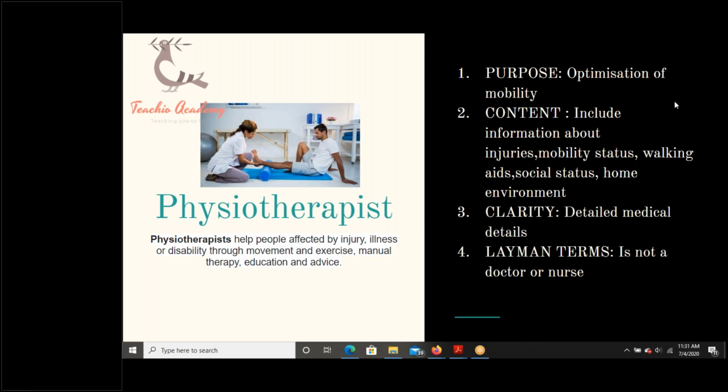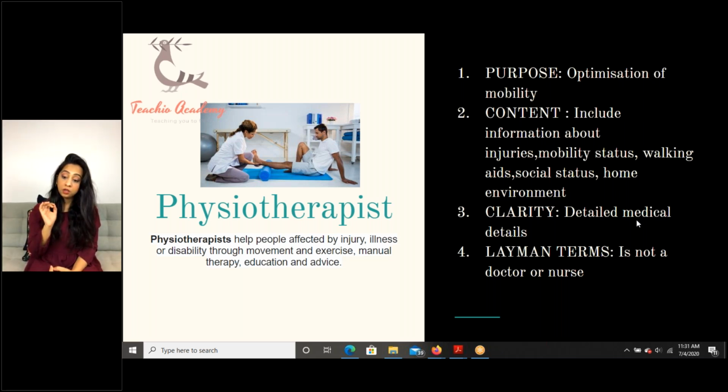Guys, remember that your physiotherapist is not someone who's strictly medically trained. So using layman's terms can sometimes become important. If you're talking about a very, very complicated diagnosis, the physiotherapist might have lots of trouble dealing with it.